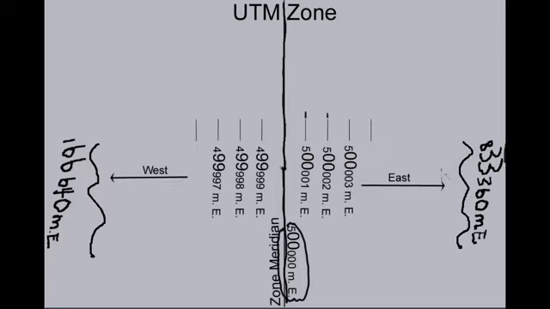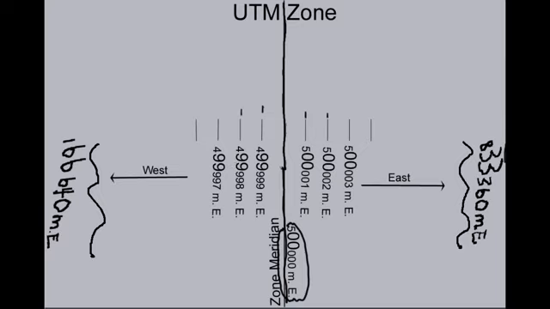833,360 meters east. On the other hand, as you go west of the zone meridian, the eastings decrease meter by meter as you go. 1 meter west, so for instance, here, 1 meter west of the zone meridian, the easting is 499,999 meters east. 2 meters west of the zone meridian is 499,998 meters east.